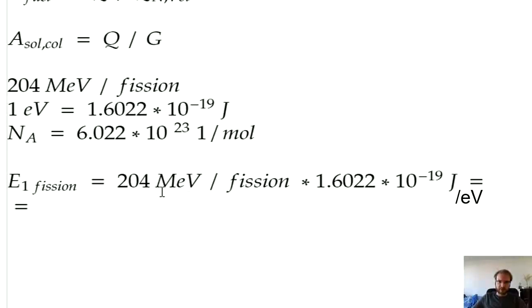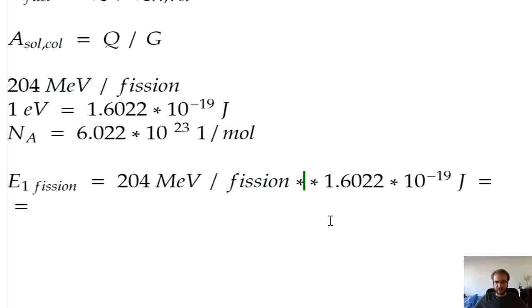Now here we have mega electron volts, here we have joules. We will want the energy of the fission pair in joules, so 1 mega electron volt is 1 million electron volts, so we need to multiply this times 10 to the 6.